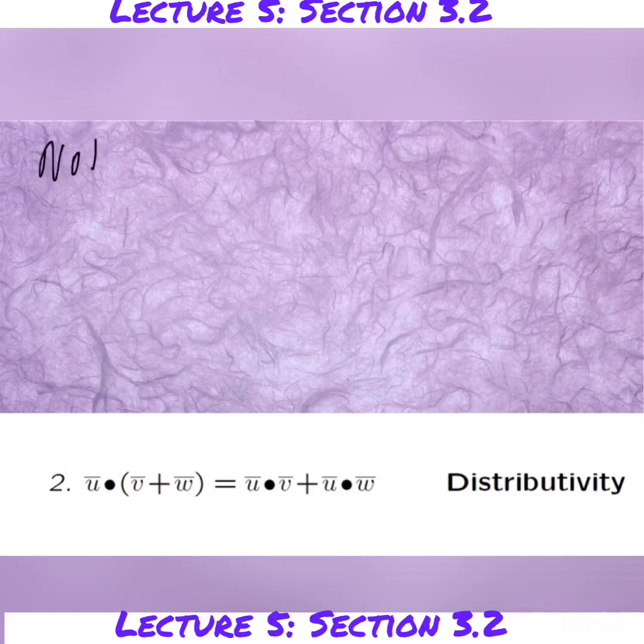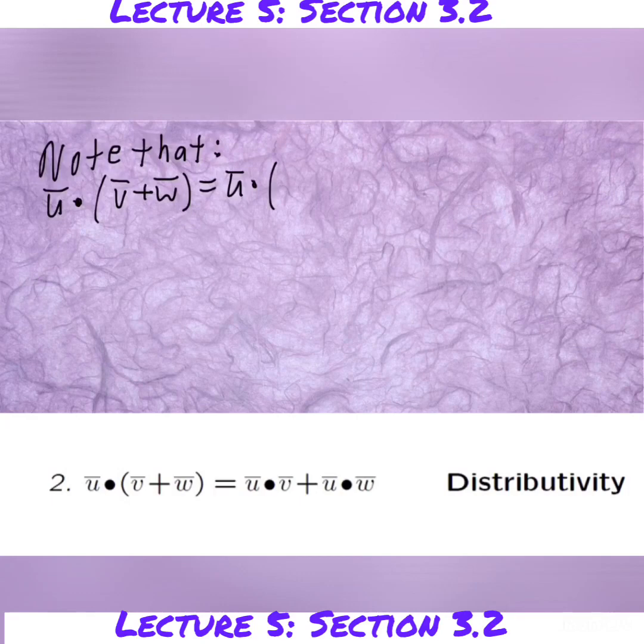What we're going to do is note the following: if you look at the dot product of u with the sum of these two vectors, v and w, you first write the vector v plus w out, and that is going to be the vector with first component v1 plus w1, second component v2 plus w2, and the last component vn plus wn.